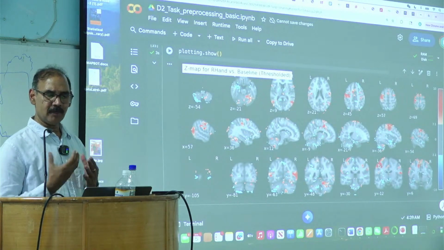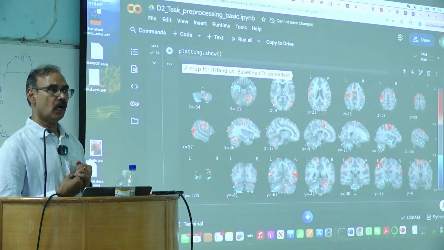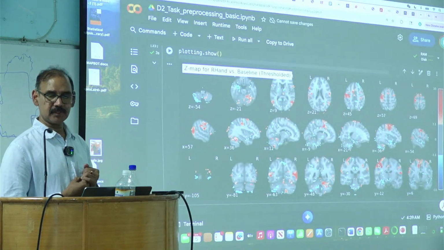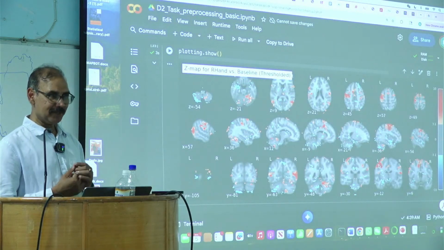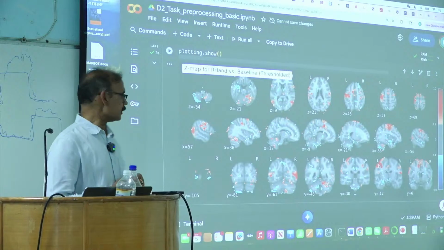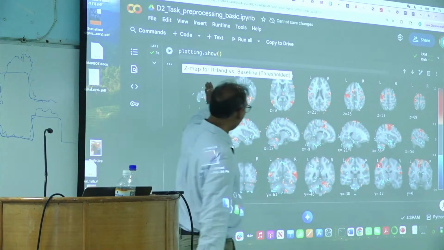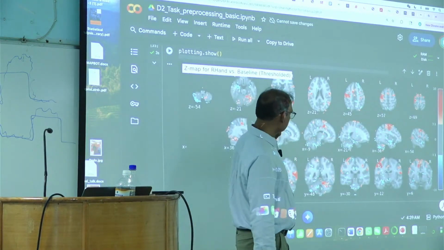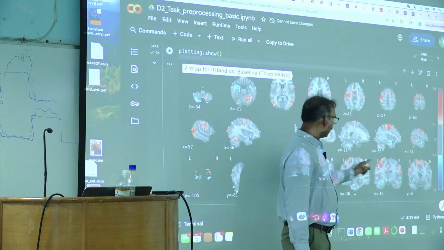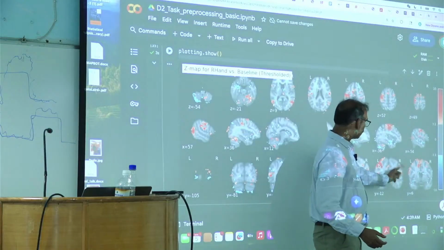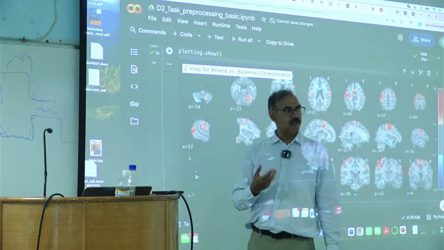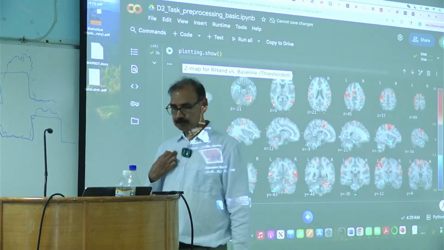Do you observe anything odd in these figures? Yeah, very good. So right hand activates mostly the left, but you also see some voxels from the right hemisphere which get activated.